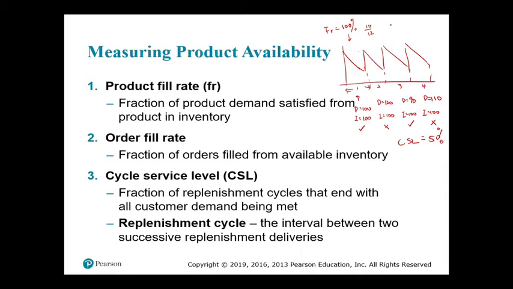Period 3 is 100%, and period 4 is 100/110, which is about 90%. You may take an average of these numbers, and you'll get a value that's much higher than 50% if you use fill rate as an indicator.